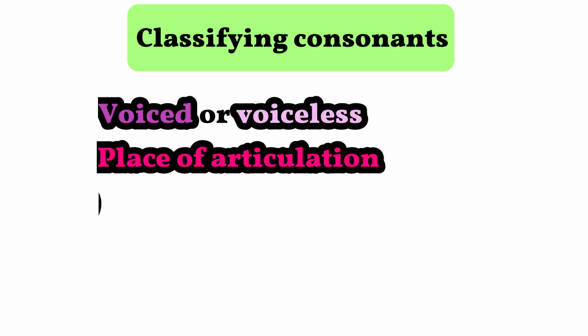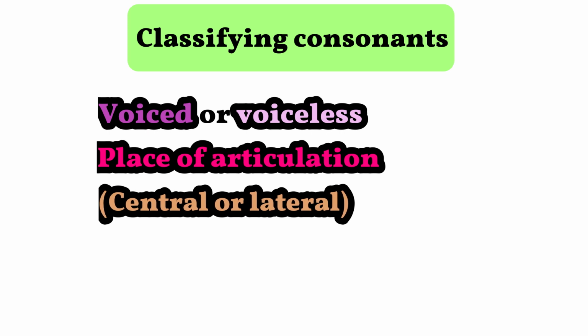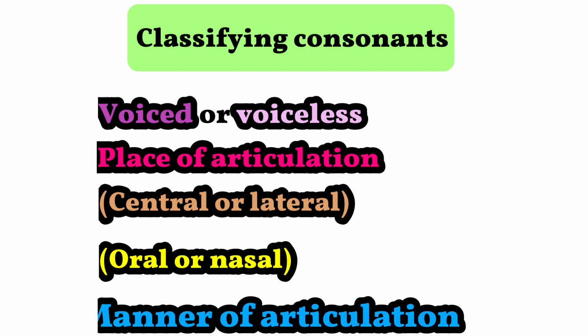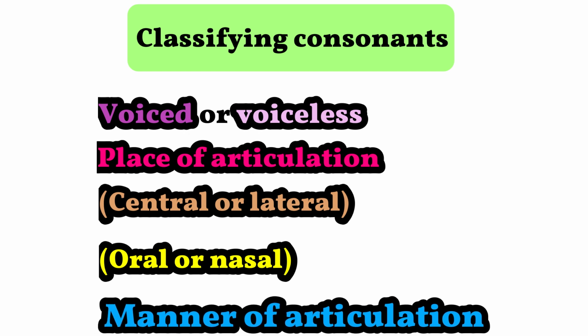They can also be central or lateral. They can be oral or nasal. And also we have the manner of articulation. That is how we produce that sound. Is it through the nose, through the oral cavity? Is it at the back of the mouth, or next to the alveolar ridge, with the lips, etc.